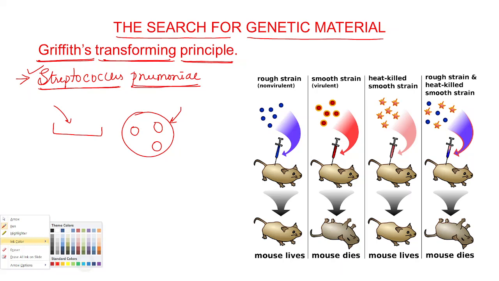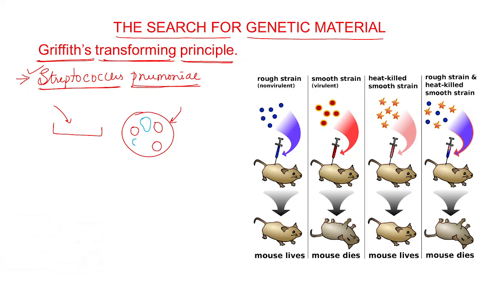Those colonies were different in nature. Some were smooth in nature, and some had a rough surface. I'll just show this as smooth. Some colonies had a smooth and shiny surface.